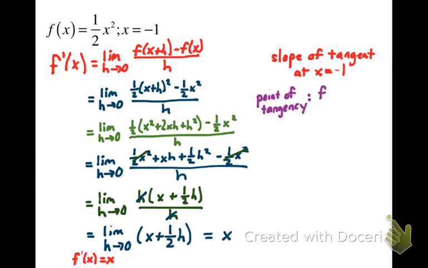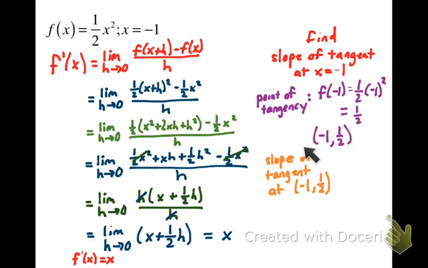All right, so we're going to find f of -1, which is equal to 1/2 times (-1) squared, or in other words, 1/2 times +1, which is just 1/2. That means the point (-1, 1/2) is the point of tangency. And then what is the slope of the tangent at that point?